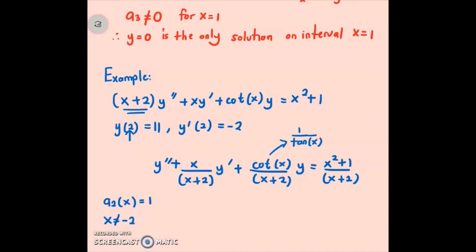Okay, but for this value of x, the interval that contains x equals 2, we have discontinuity occurring at -2, right? So therefore, we will say that the solution exists on this interval. So x can be anything between 0 and pi, where pi is 3.14 something.